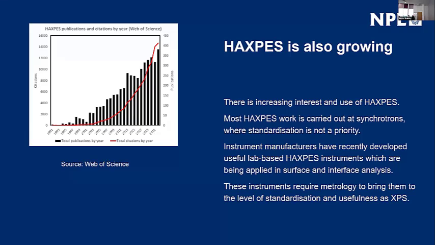As far as I understand, synchrotron beamlines for HAXPES are overcapacity. They're completely used up, and there are not yet many places you can go to do lab-based HAXPES. So basically, as more instruments come in, I think that the demand should be growing and increasing. There's no reason that it shouldn't be.